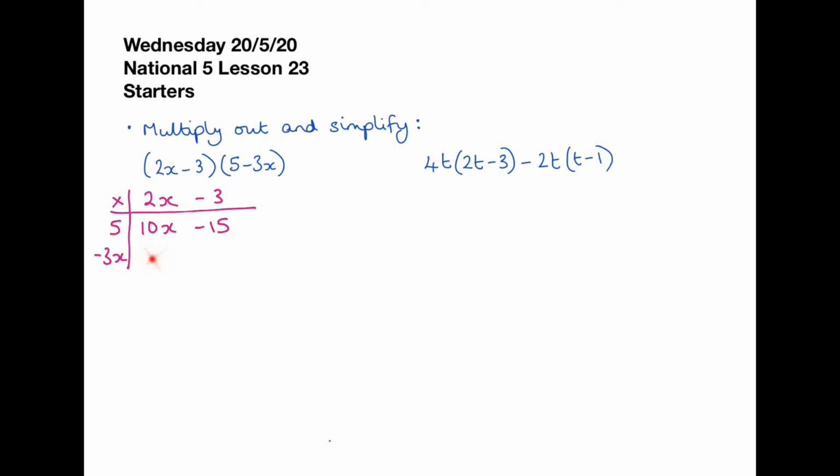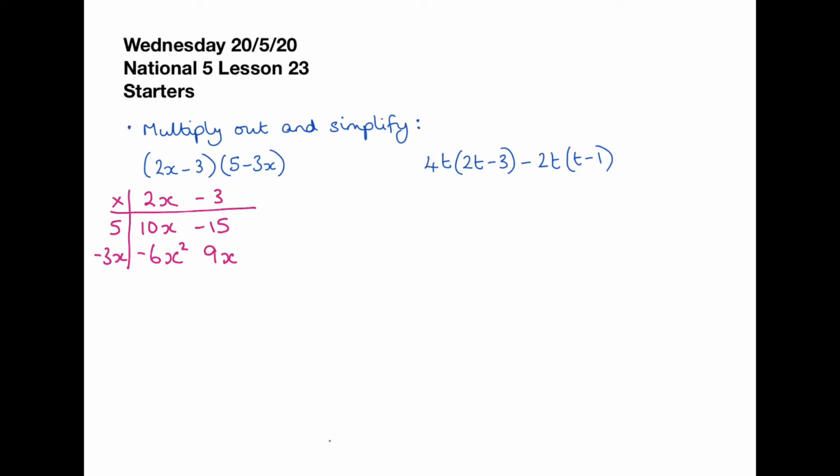What goes here is 2x times negative 3x, so that's going to be negative 6, and don't forget that's x squared. And what goes here is negative 3 times negative 3x. So remember that if you're doing a negative times a negative, the answer has to be positive because the signs match. So that's going to give us 9x.